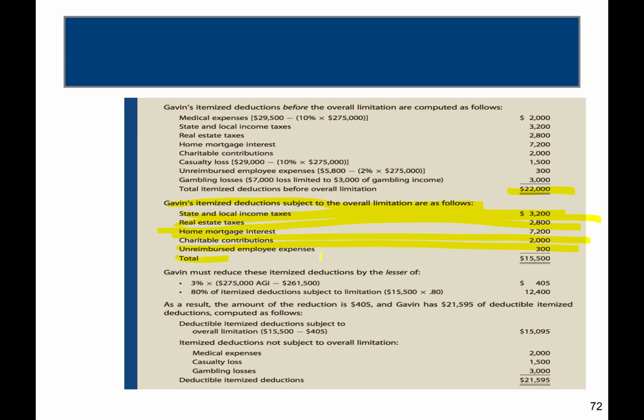And he has 15.5. Now, he must reduce his itemized deductions by the lesser of either the 3% that he is over the threshold. The threshold was 261,500 for a single individual. He was making 275, right?